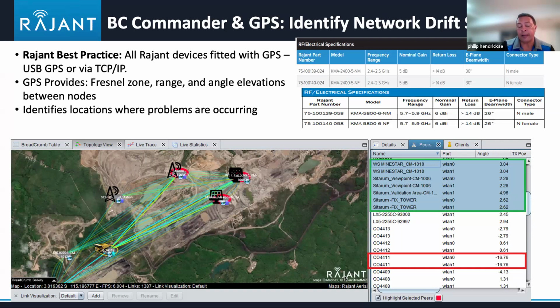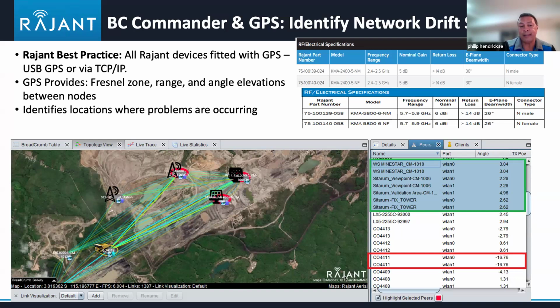Before I carry on, I want to reiterate the importance of GPS on your breadcrumb. It doesn't have to be a USB GPS. It can be a TCP/IP GPS, but the value out of that little bit of information and the topology view in BC Commander is absolutely invaluable to you.